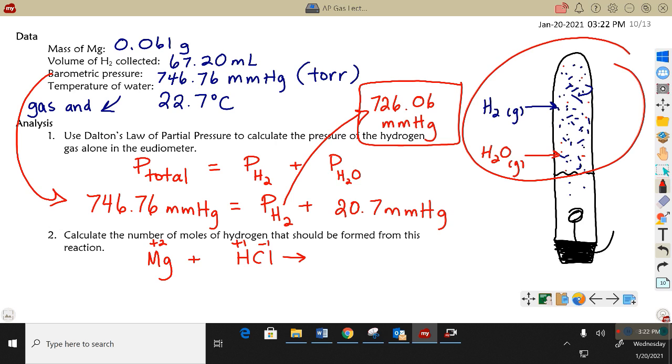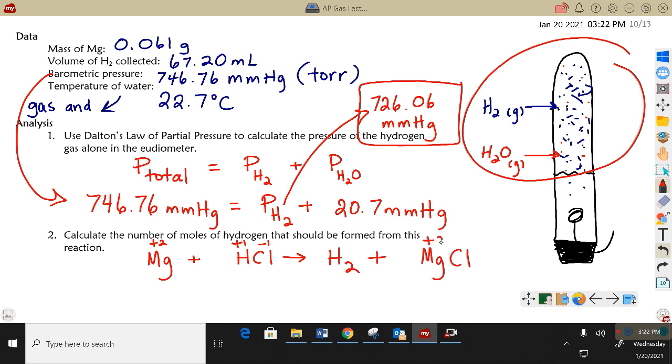So my single element is the magnesium, and it'll replace the other positive ion in the HCl. So you switch a positive for a positive or a negative for a negative. Since my magnesium is positive, it can switch with the other positive. That's going to kick out the hydrogen, and on its own it's going to be that diatomic hydrogen gas. Then magnesium will come in and bond with the chlorine.